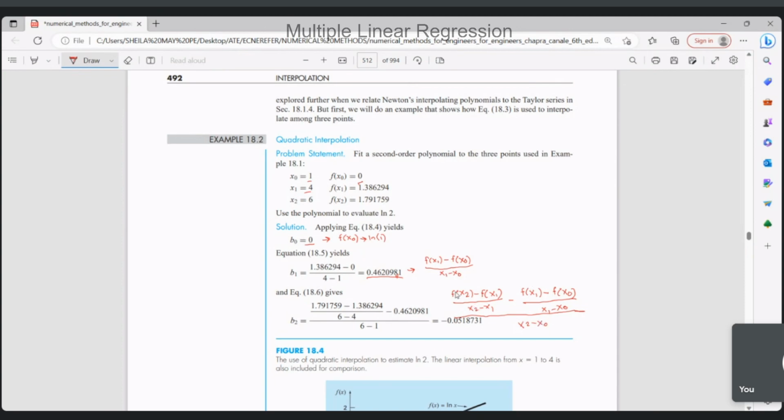So that's function of our x sub 2, that's 1.791759 minus function of our x sub 1, over x2 minus x1. Next is manamang ka sa 2 to 1, ato na po kani 1 to 0. So 1 to x0.